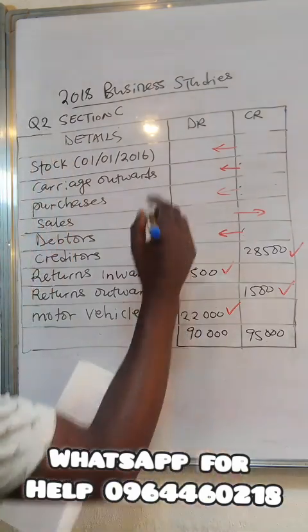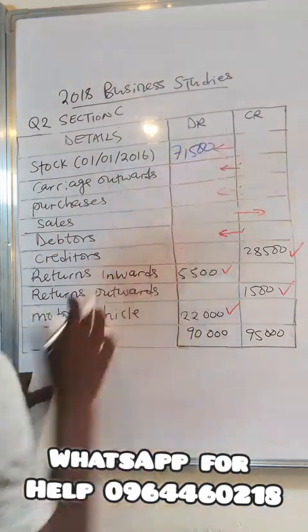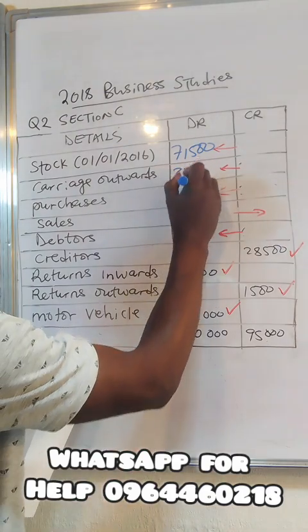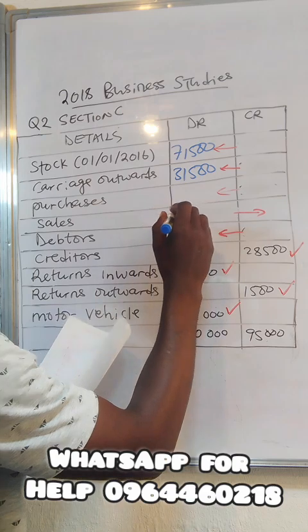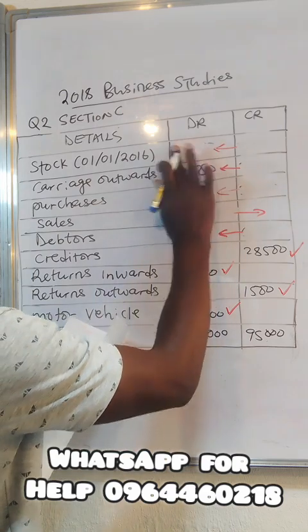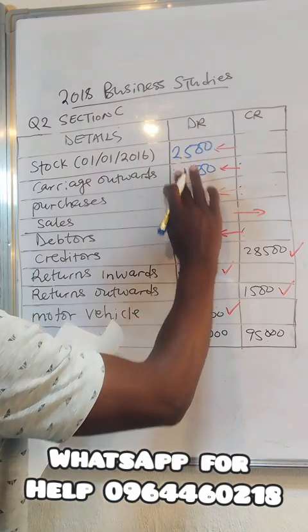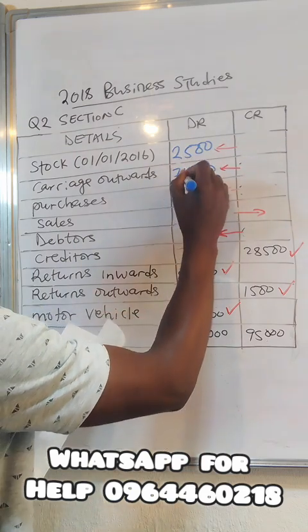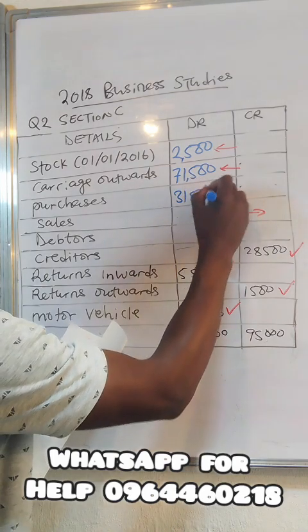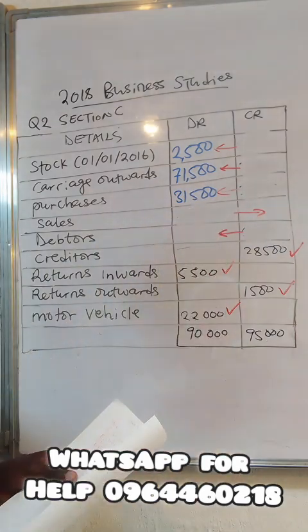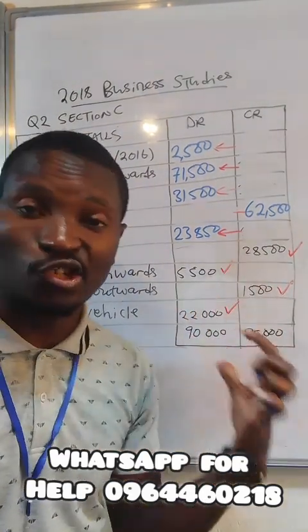So this is now the corrected trial balance.